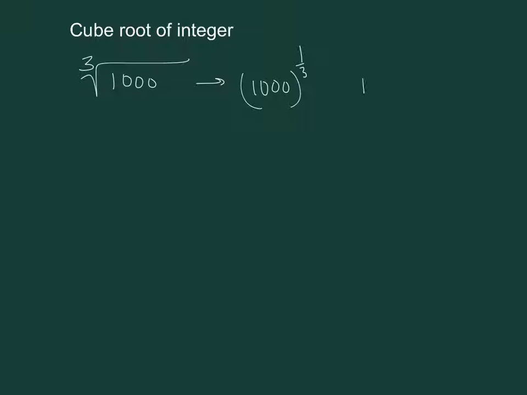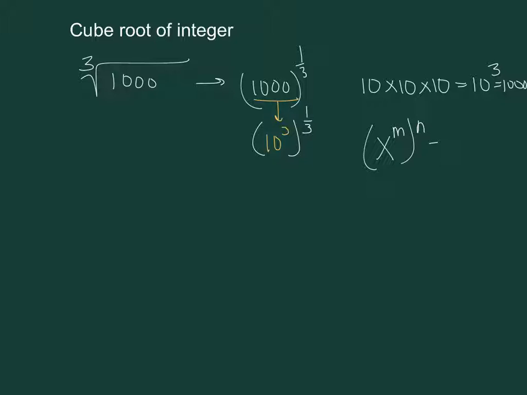So I know that if I go 10 times 10 times 10, which is 10 to the third, that is equal to 1,000. Now, what that means then is 1,000 is actually 10 to the third power to the 1/3. Now remember, when I have a base and an exponent to another exponent, I simply multiply the two exponents together.